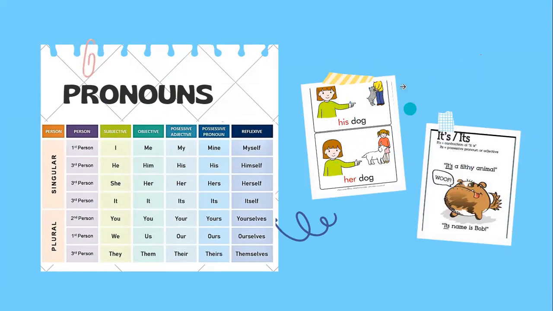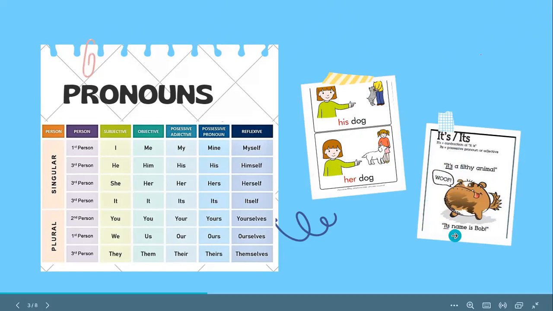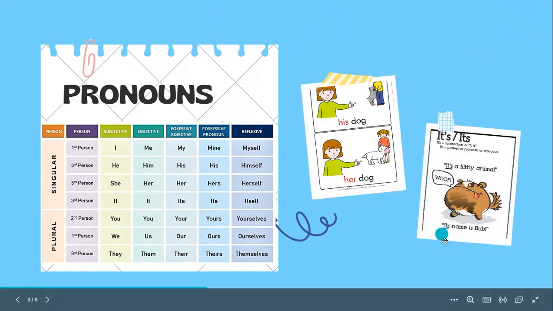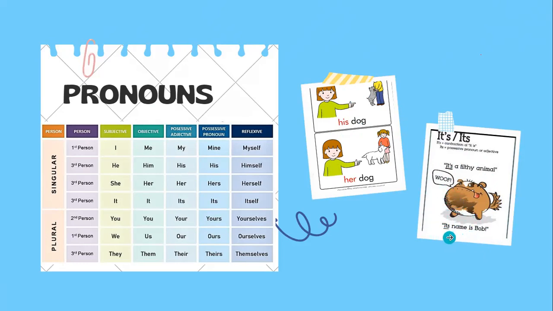And there is another example, it's a filthy animal. And if it's in the writing of the sentence like that, we have to say its name is Bob. So you can see on the screen, if we are saying it's, that's not the possessive form, and the first one is it is a healthy animal.